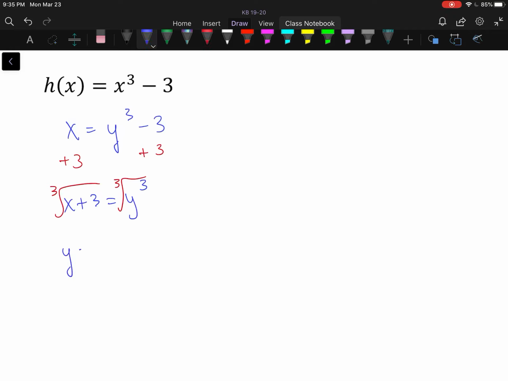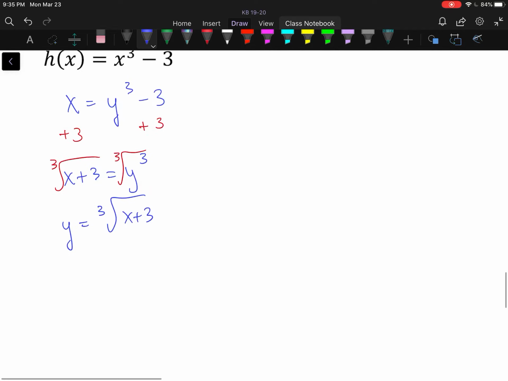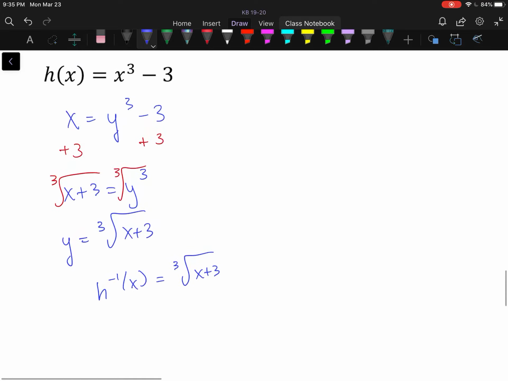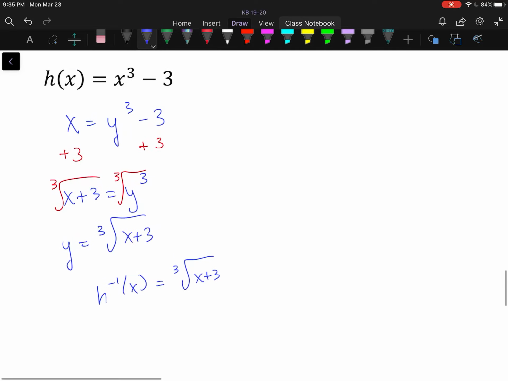And so we end up with y equals the cube root of x plus 3. So h to the negative 1 of x equals the cube root of x plus 3. And we do not need a plus or minus, because with cube roots you can take the cube root of a positive or a negative number.